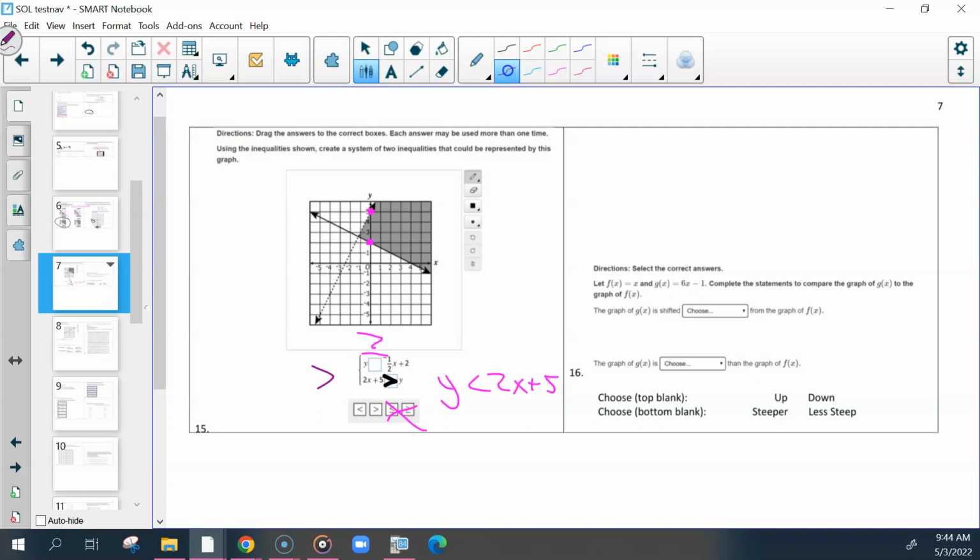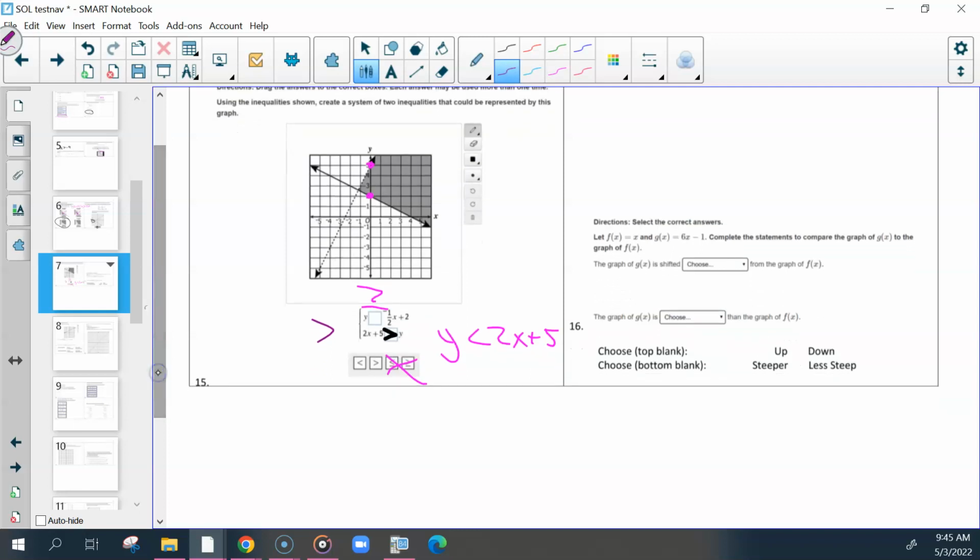So if it's flipped, you also have to flip it. Whatever direction the symbol is pointing towards the y needs to be the same way. So if it's pointing towards the y, it needs to also point towards the y when you put it in. Less than that, because the inequality itself is flipped.